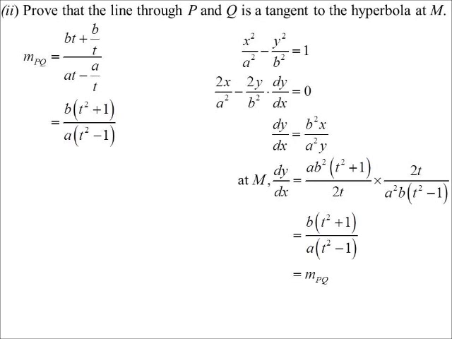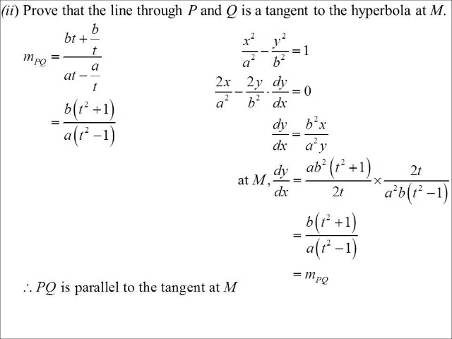So the slope of PQ is the same as the slope of the tangent. Now, this does not prove that the line through P and Q is a tangent, or does it? All I've proven is that the slope of PQ is the same as the slope of the tangent at M. So that would prove those two lines are parallel. Can I say they are the same lines?